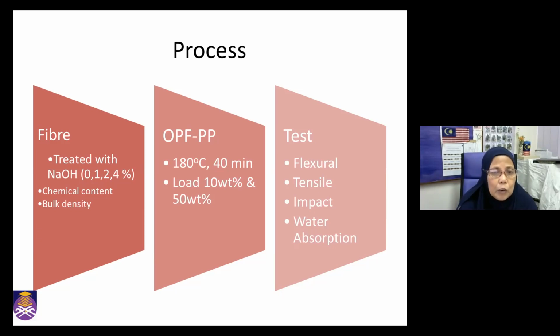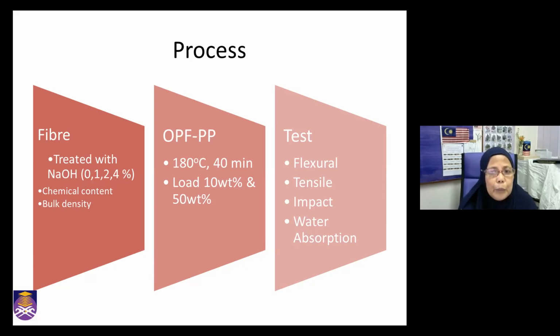Because once you change the chemical content, once you change the bulk density, it will give you different methods that you need to consider when you are processing them. So we treat this with sodium hydroxide, 1%, 2%, and 4%. And I will show you the result of this particular test.